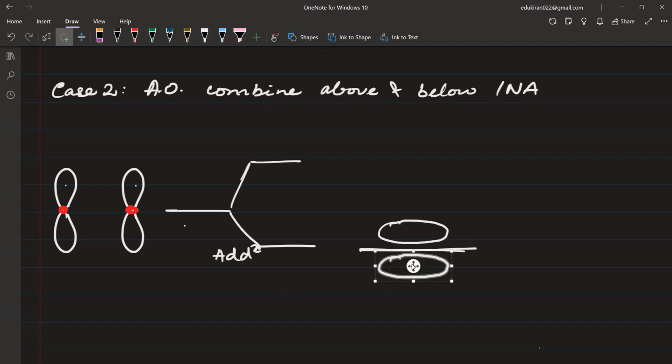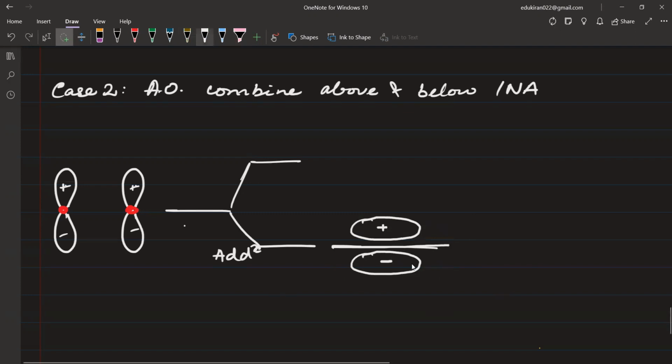Okay, so the two electron clouds are here. Now let's suppose that this was positive, this was positive, negative, and this was negative. So this will become positive. This will be negative. Now, ये याद रहेगा नहीं रहेगा आप लोगों को पता नहीं, इसके लिए लिख दीजिए, this is INA, internuclear axis.